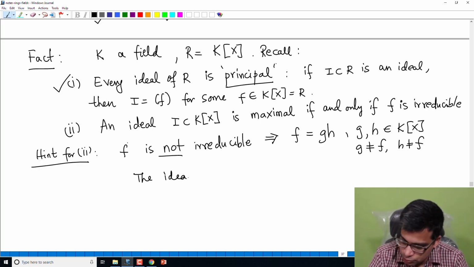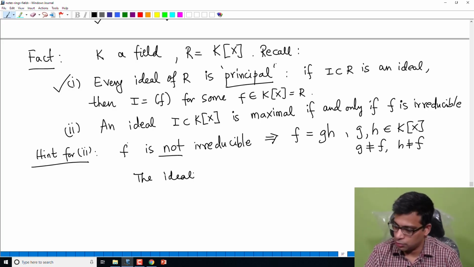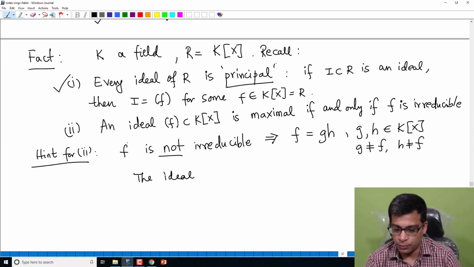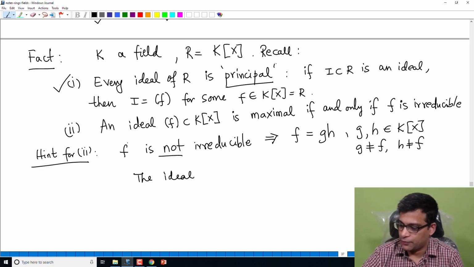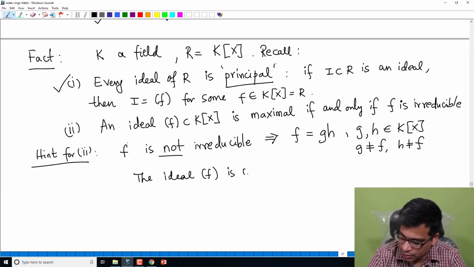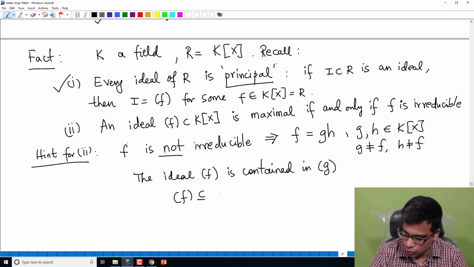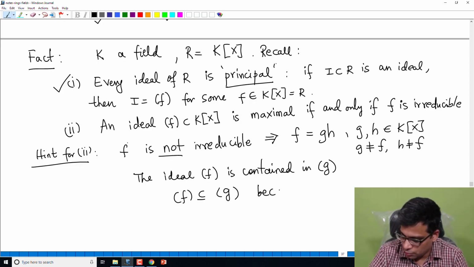By the way, I didn't write this carefully. The exercise is to show that an ideal generated by a single polynomial f is maximal if and only if f is irreducible. So the ideal generated by f is contained in the ideal generated by g, because f is gh.